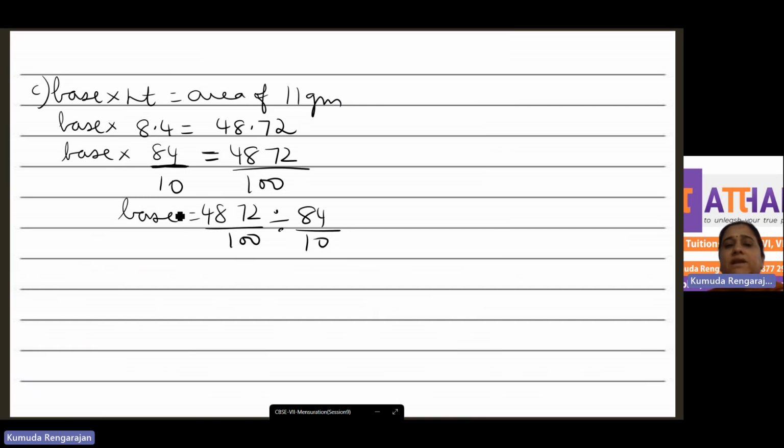When 84 by 10 comes to the other side, it comes for division, so it will be divided by 84 by 10. So base is equal to 4872 by 100, and division becomes multiplication and reciprocal.